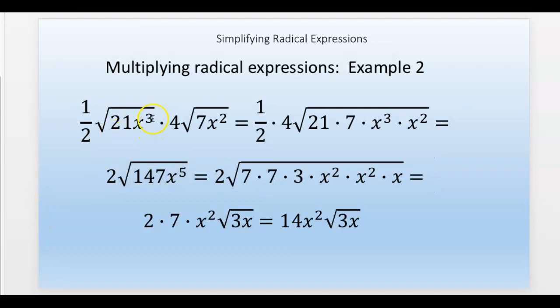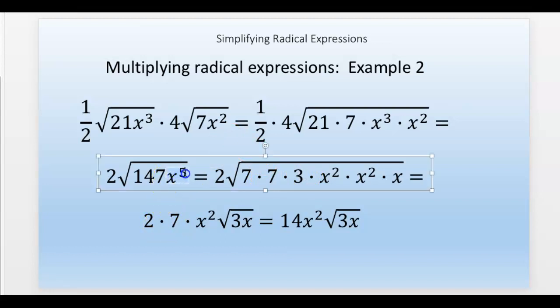All right, here's 3 x's, and there's 2 more here. So 3 plus 2 gives you 5 x's. Remember, when you're multiplying, you're adding the exponents. When you multiply powers, you add the exponents. All right, 147 equals 7 times 7 times 3. That's 49 times 3. So we can take a 7 outside the radical sign.